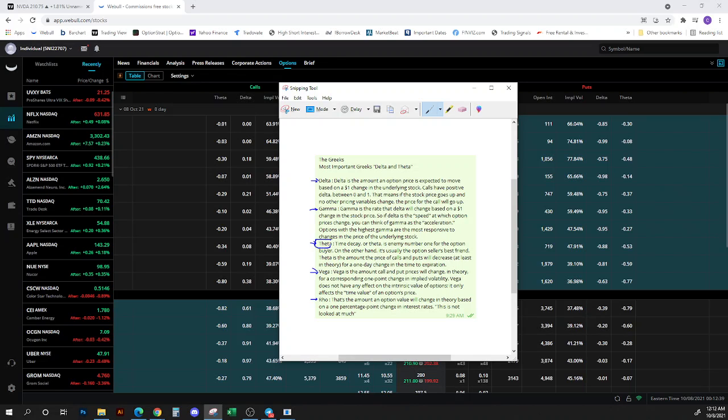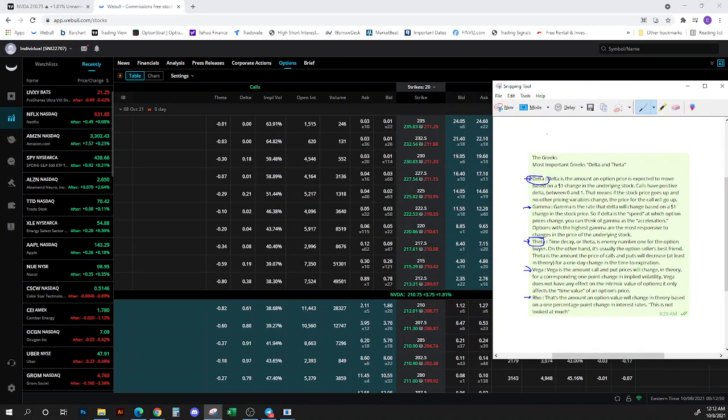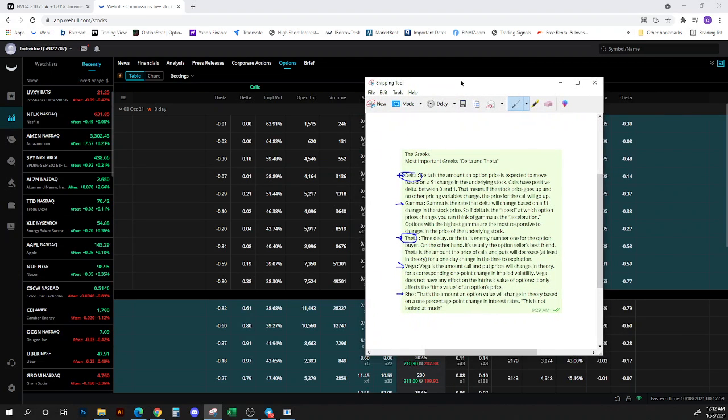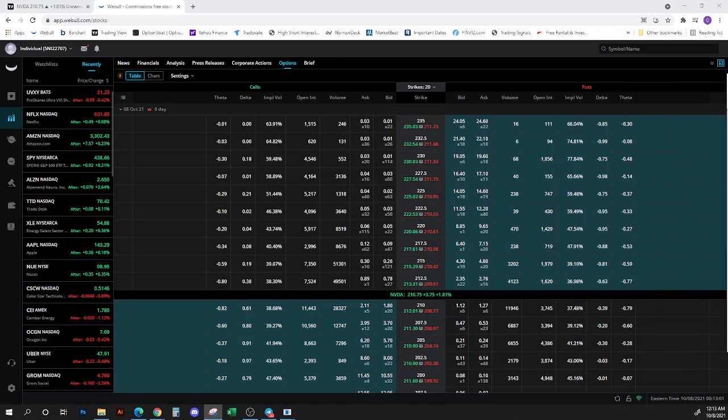It's really this one and your delta. So delta, like I said before, is the amount the option price is expected to move based on a dollar change. So if NVIDIA moved up $1, this is how much you'd expect to make. Understanding these is pretty important.